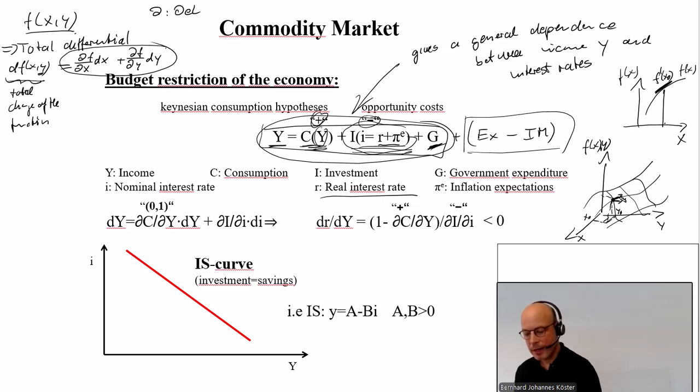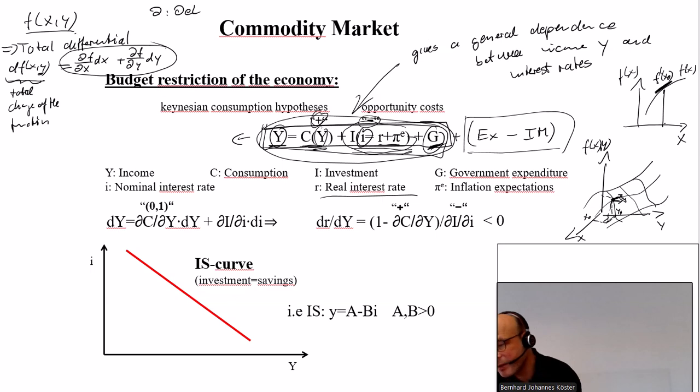Well, and we know that given this functional form, only y and i are my variables. Everything else is set, especially g is a fixed number. And this means taking the total derivative, or the total differential, of this functional form.